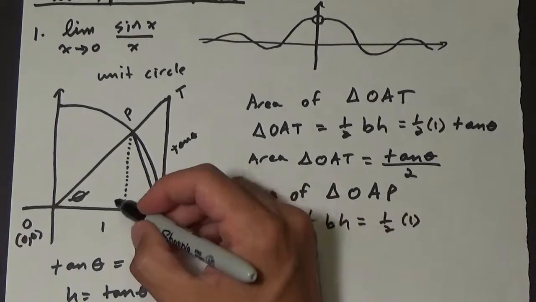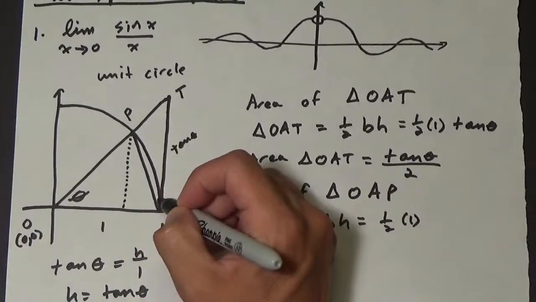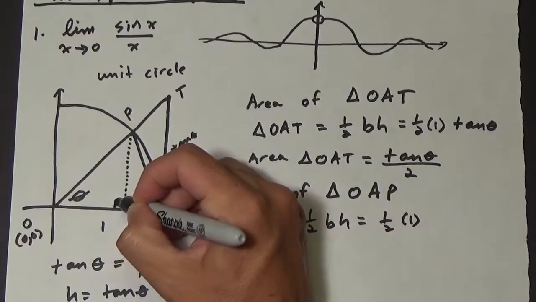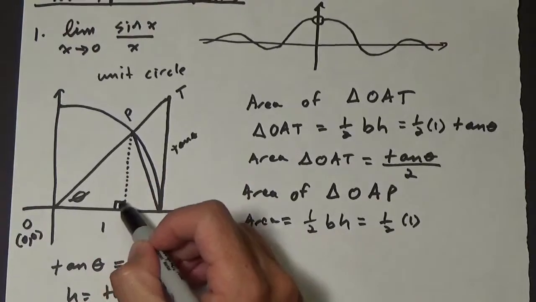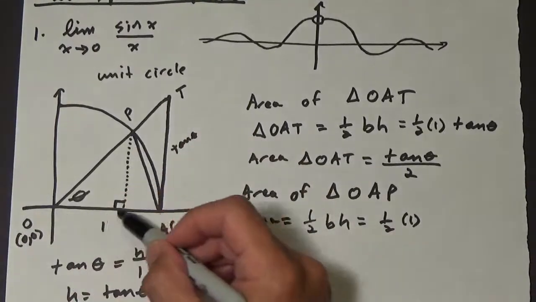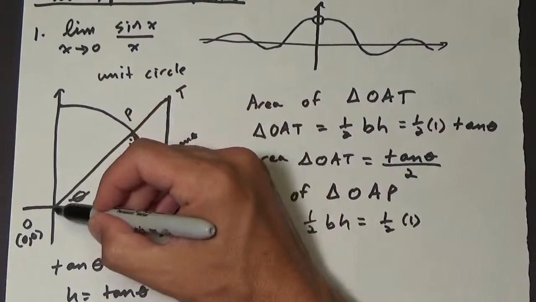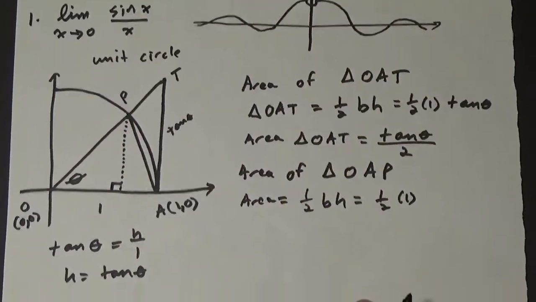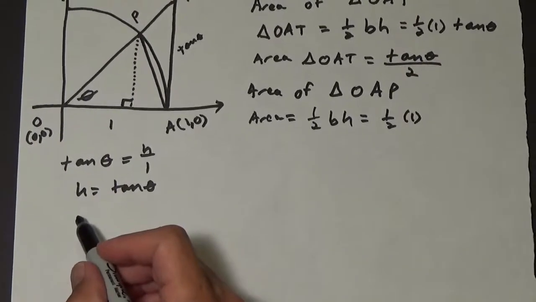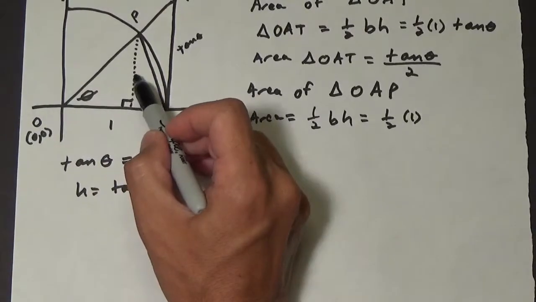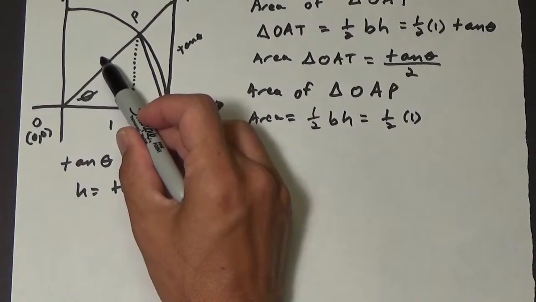Well, we're going to kind of change this around. Instead of thinking of our right triangle right here, we now have a little right angle here. And so we have this little right triangle. And the reason we're going to use this little right triangle is because we know that the distance from O to P is also 1. So let's look at a little side work here. If this is also 1, then we have theta. We want this side H, and we want this side over here, which is 1.